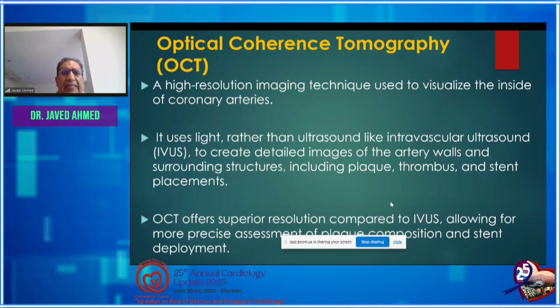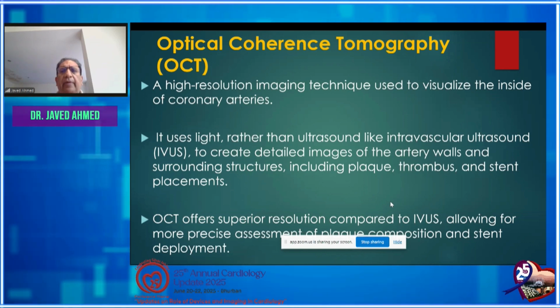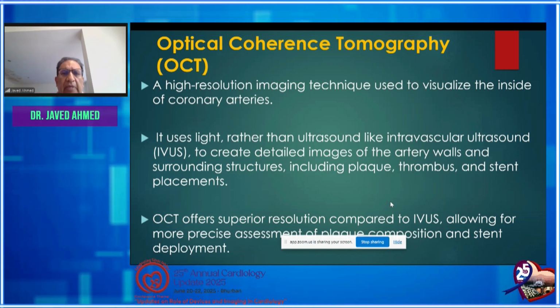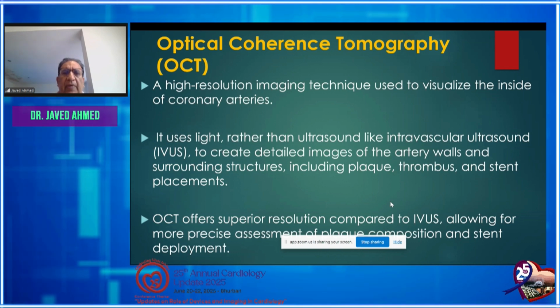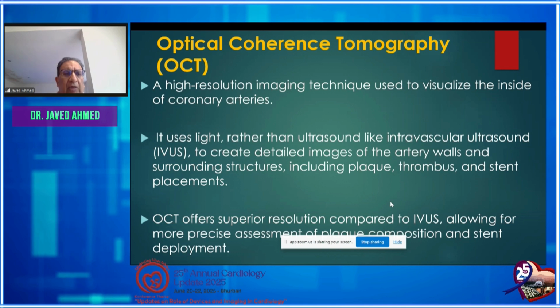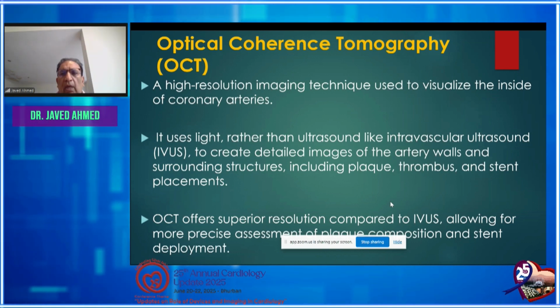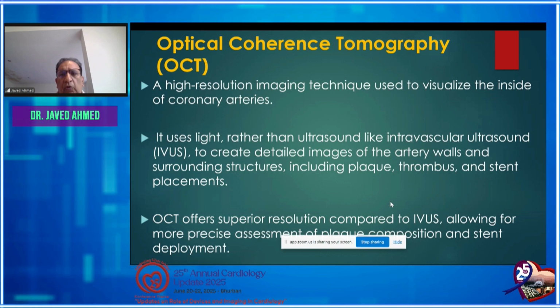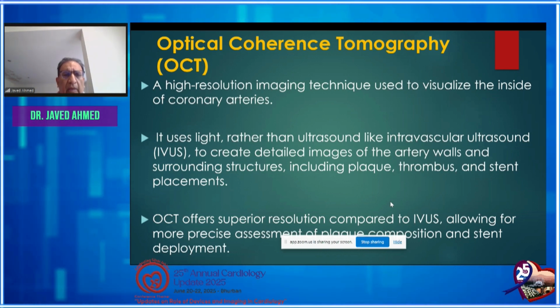So the second more recent imaging modality is optical coherence tomography, which is called OCT. The other type is called OFDI, and it offers higher resolution, which could visualize inside of the coronary artery more effectively.